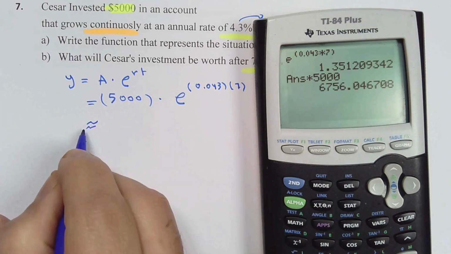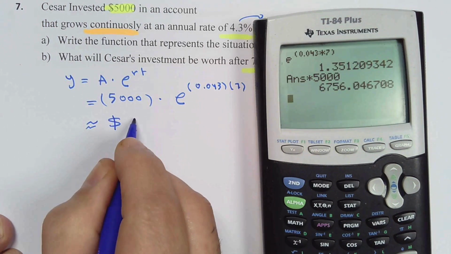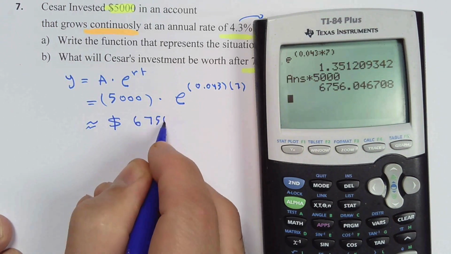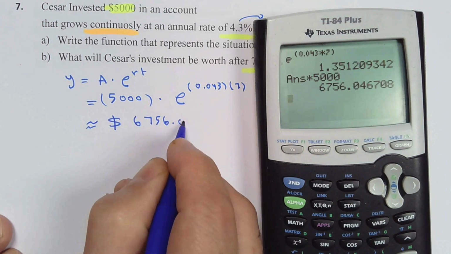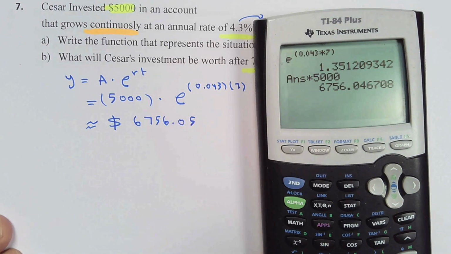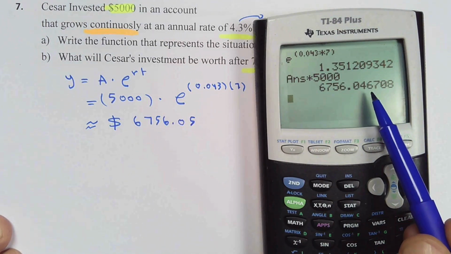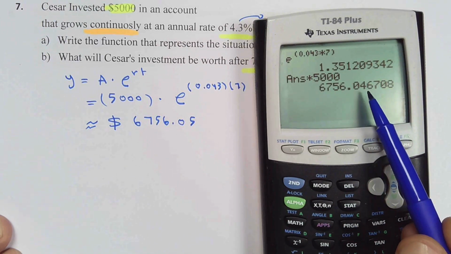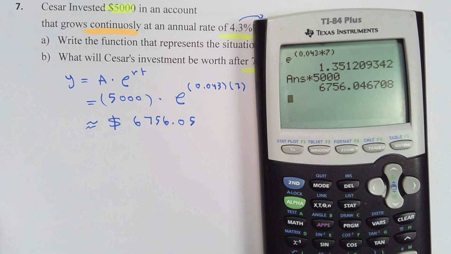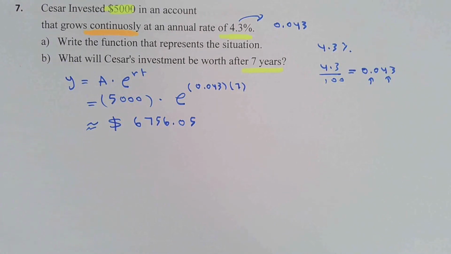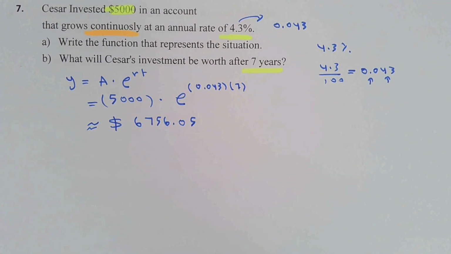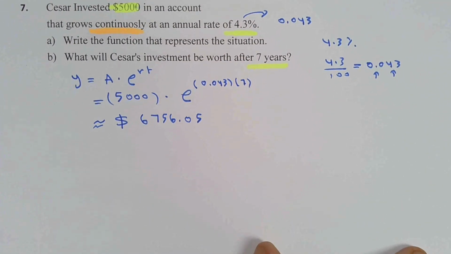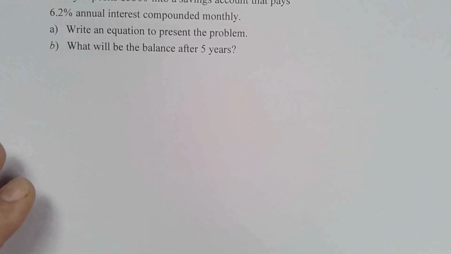It's about 6756.05, not 4. 6 is higher than 5, or 5 and greater than 5. That means we need to drop it and change the 4 to 5. $6,756.05. That is number 7. Now, number 8.